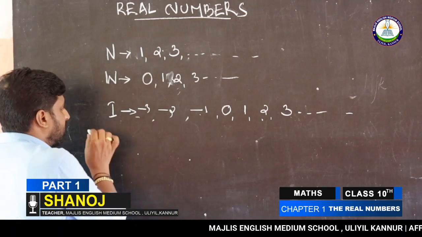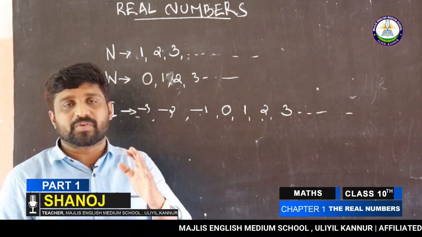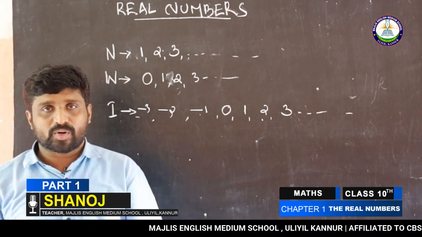Then fraction, you know, that is normally P by Q form, where P and Q are natural numbers.